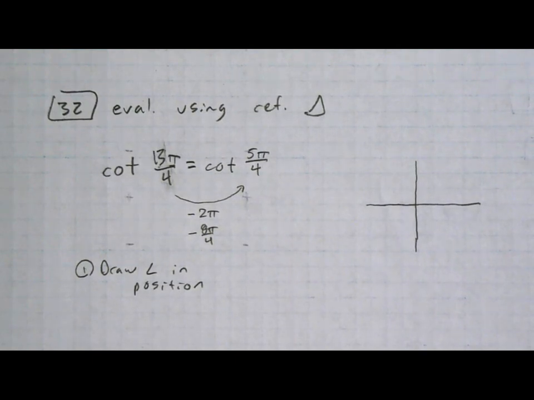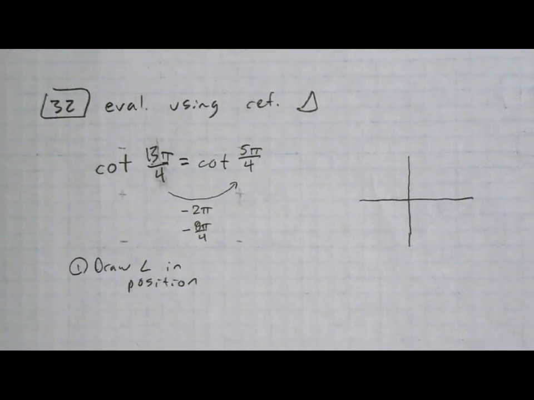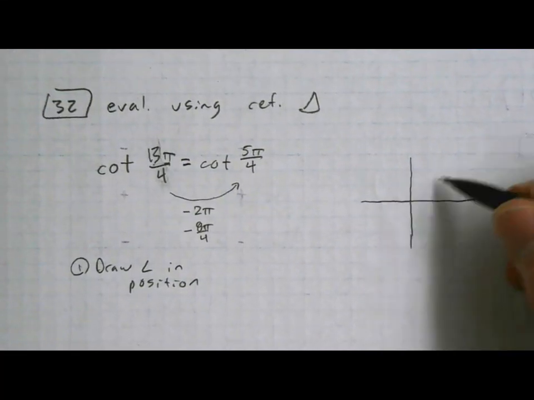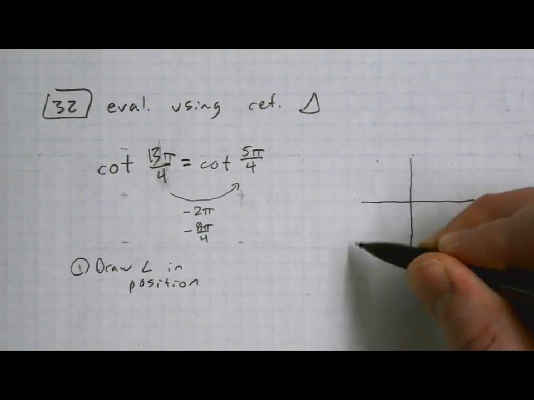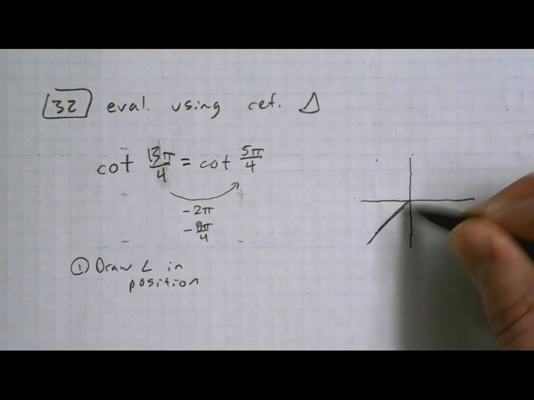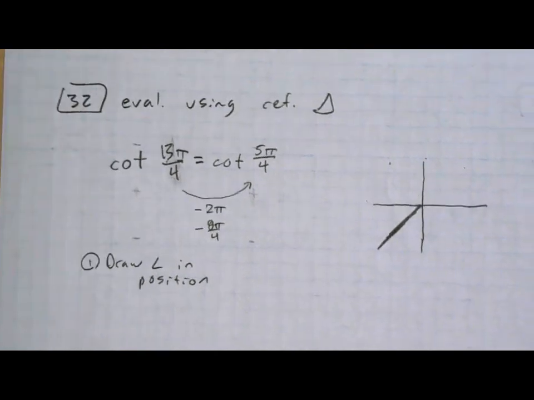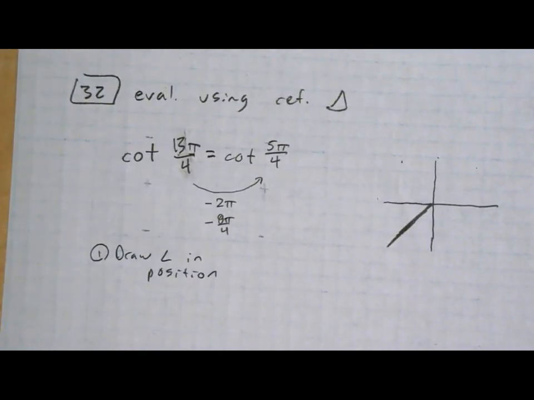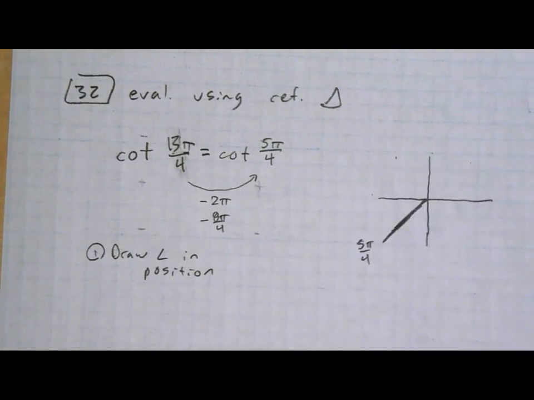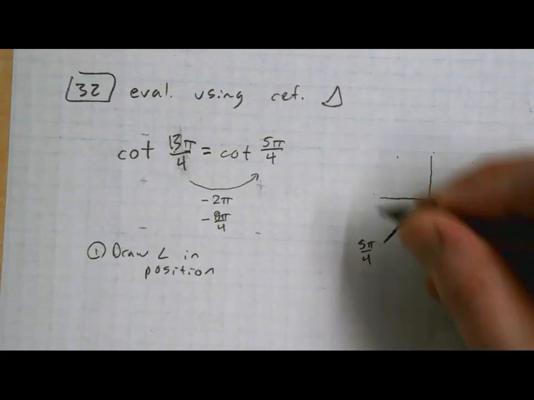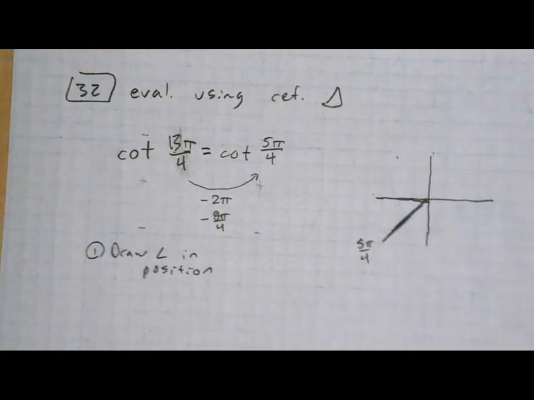That's bigger than 4 pi over 4. How many degrees is pi over 4? 45 degrees. All right, so 1 pi over 4, 2 pi over 4, 3 pi over 4, 4 pi over 4, 5 pi over 4. Some of us are going to need a little bit of practice to get to that point where they can figure that out. You'll get there.